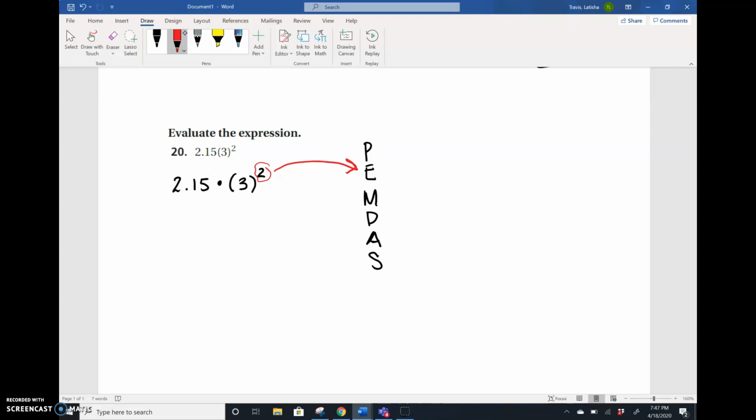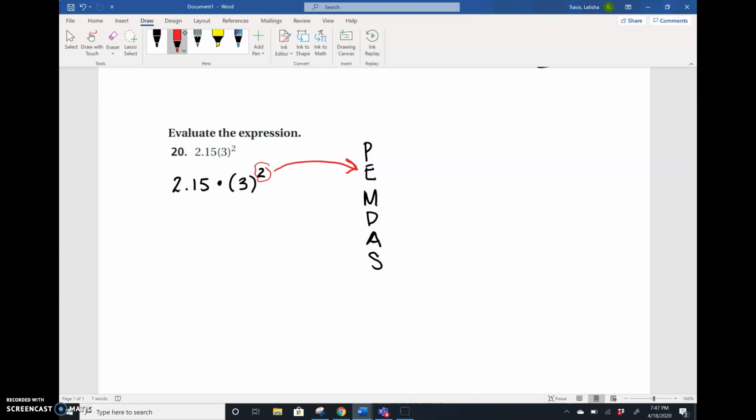The small floating 2, the exponent, tells us how many of the larger numbers right in front of it we need to multiply together. Because we have the 3, and just after it the exponent 2, it's telling us that we need to take the 3 and multiply it by itself twice.